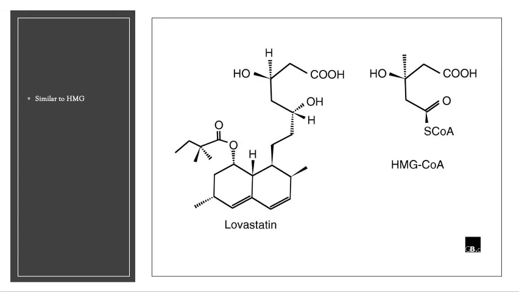So HMGR is going to be a transmembrane protein. So remember, transmembrane protein, and it has 8 domains that is going to be anchored in the membrane of the endoplasmic reticulum. So if we look there, we can see how those structures are very similar.